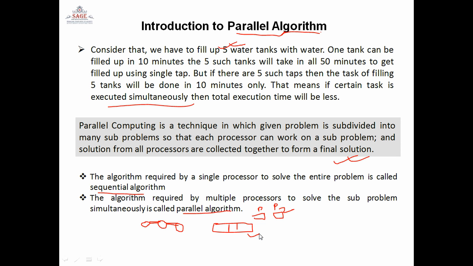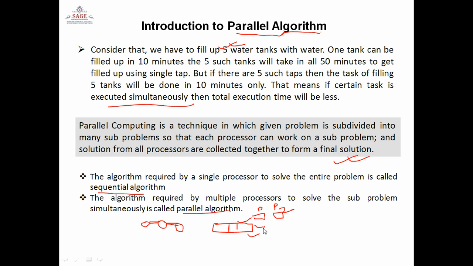Okay. So let us suppose that we have 5 processors, and processor 2 wants to communicate with processor 5. First, processor 2 will write a message to a memory cell. Then processor 5 will read the message from that cell. What I'm trying to tell you is that when we use a parallel algorithm, we have a situation we have to take care of.